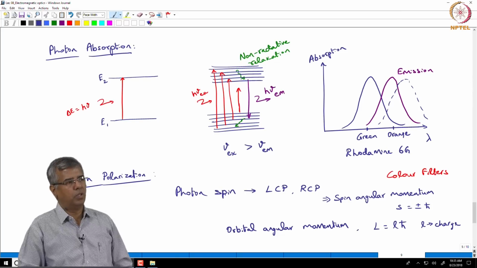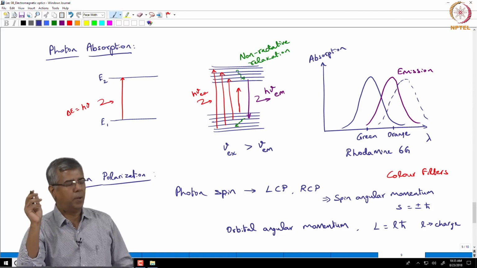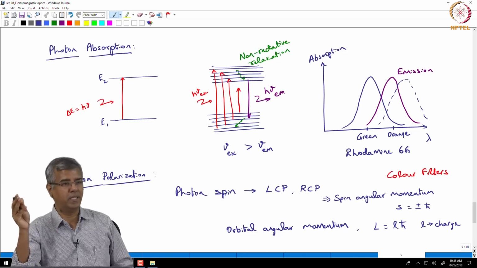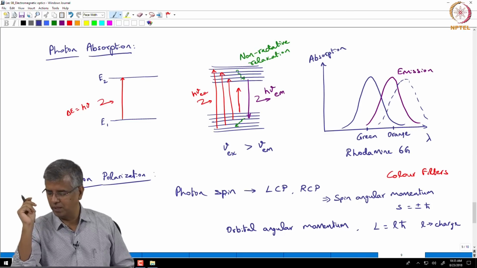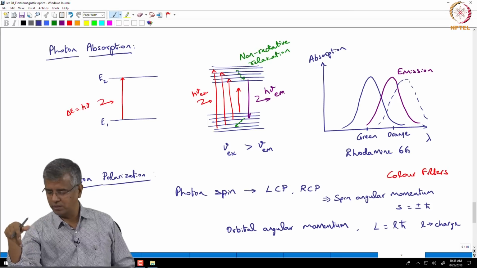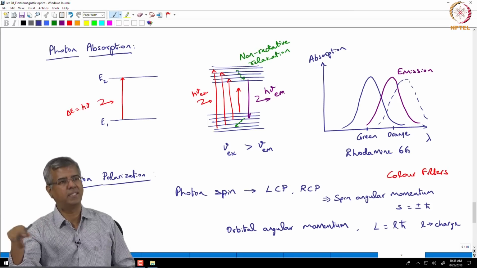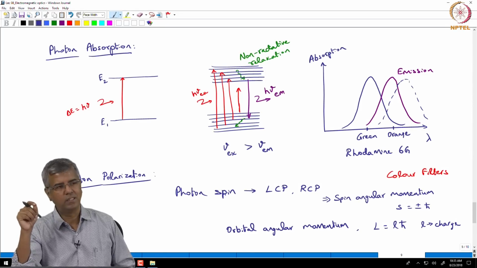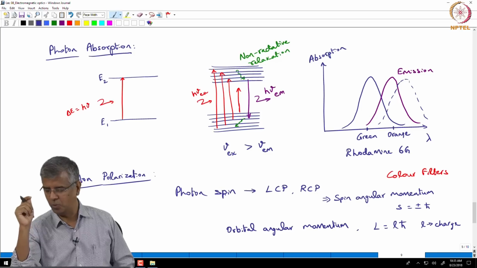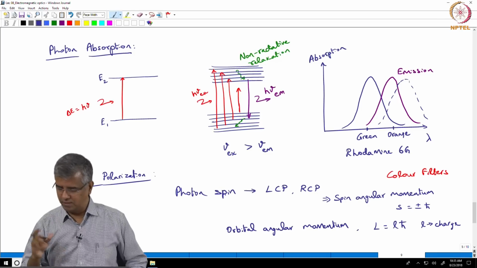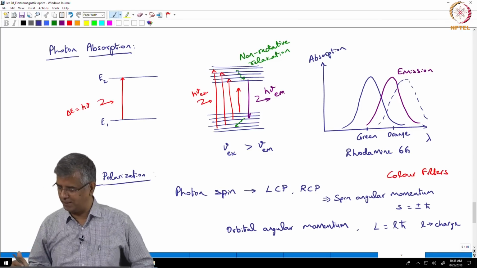So L can be plus or minus 1 to infinity, right? It could have multiple charges, and clearly what this is telling us is that a photon with a higher orbital angular momentum charge would actually be carrying more momentum, okay. So, is this some fiction that we are looking at?